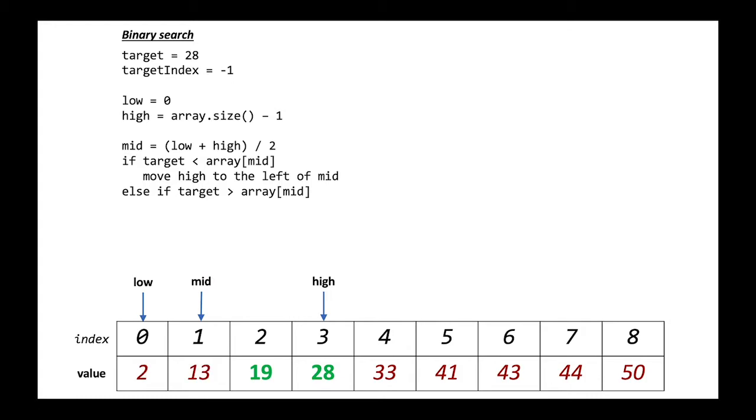And so we react in a similar manner. We can now eliminate everything to the left of the current location of mid, because everything to the left of mid is less than our target, based on what our else-if has told us. In this case, we move low to the right of mid, and we continue looking.